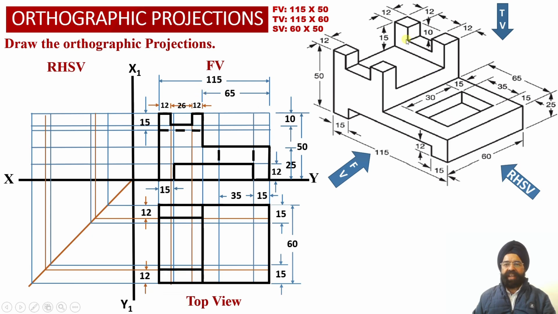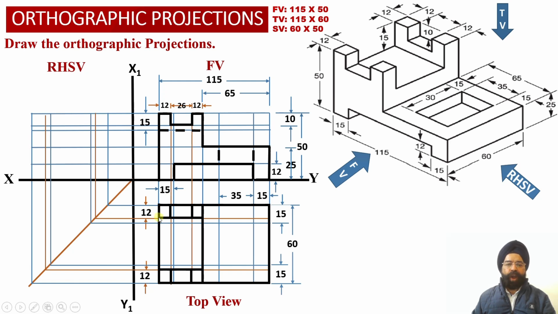And now we know that there are two vertical webs, one vertical web at the rear side and one vertical web at the front side of the solid, each carrying a rectangular slot at the middle of that particular vertical web. So now we can see that corresponding to this vertical web at the back side, we have a 12 by 12 square block on the right hand side of element number 2.